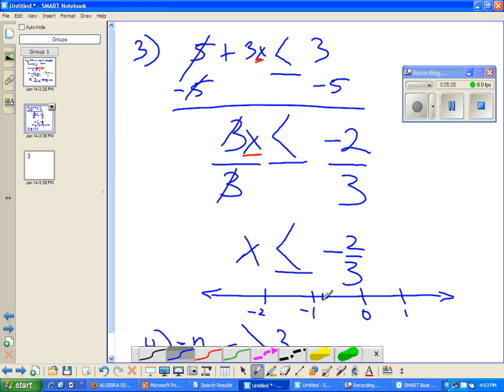I'm going to say it's right over here. It's less than or equal to, so I'm going to make a solid dot there. And because x is less than negative 2/3, I'm going to have to go this direction, in the less than direction, or in the negative direction.